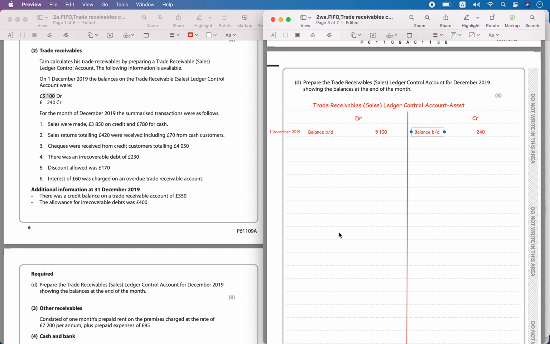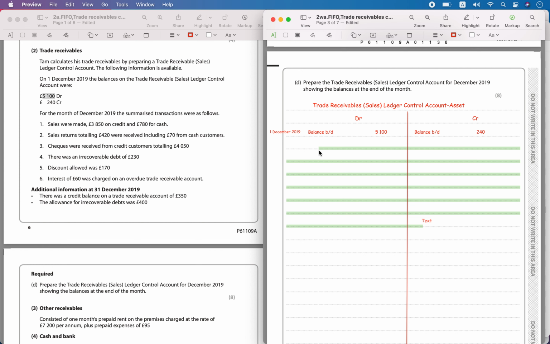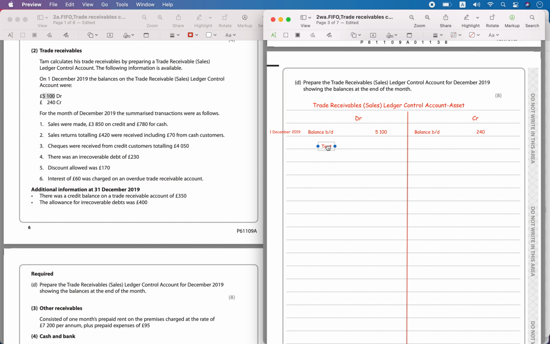Now the sales are going to appear on this side. Okay, so the first transaction, they are saying sales were made: 3,850 pounds on credit and 780 pounds for cash. So the sales is going to appear on this side. Usually a trade receivables ledger control account is only to do with credit sales.